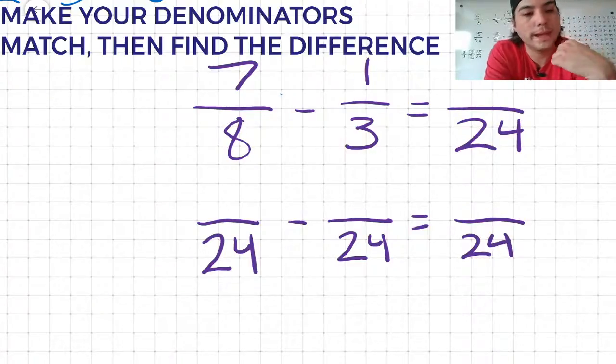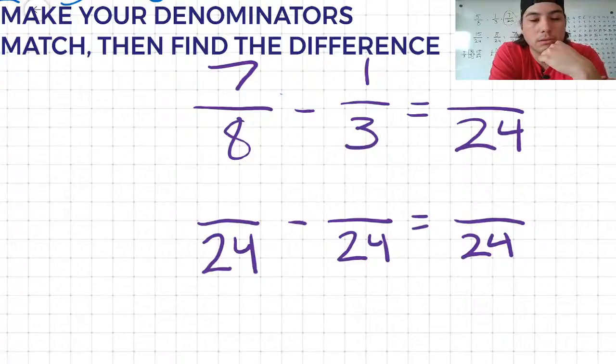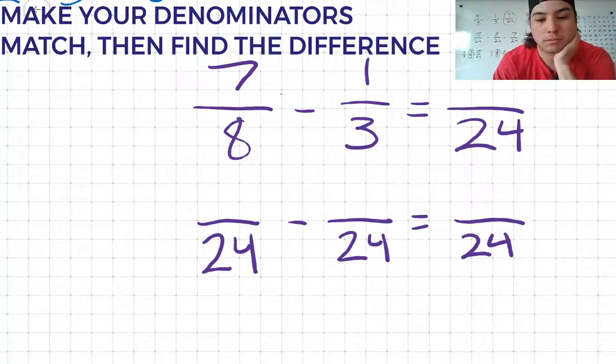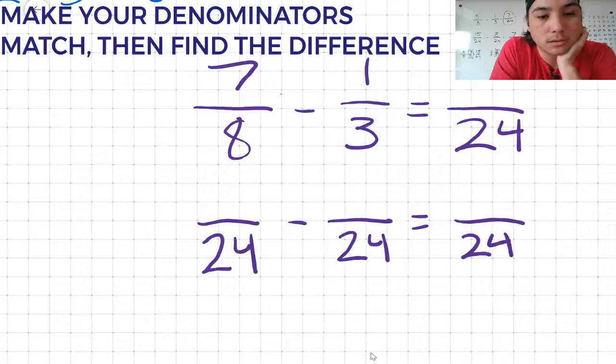Okay, so now, how many eighths, or how many 20/4 does 7/8 equal? Use that equivalent of 1. 8 times what equals 24? Use that equivalent of 1.